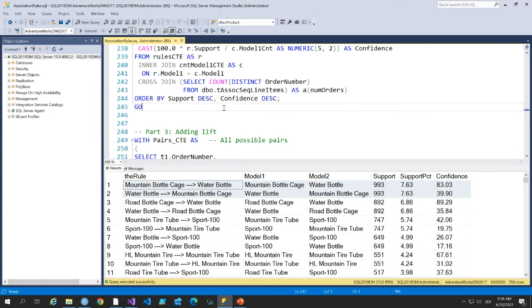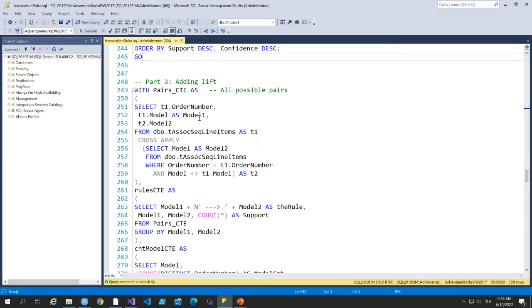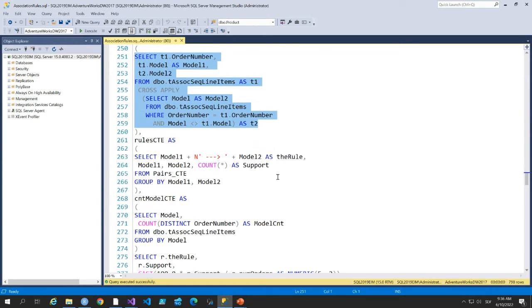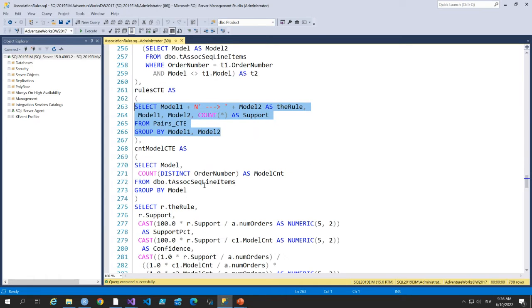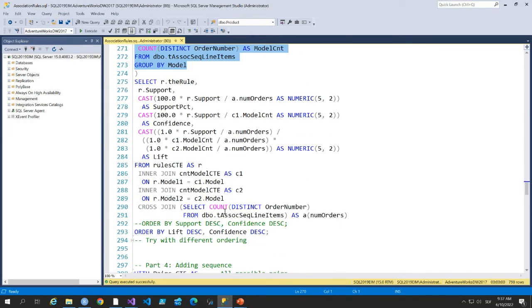So let's go and let's expand this query. So again, I will start with combinations of all pairs, express them as rules, count, this is item sets of a single item, right? Count how many times these models are purchased. I also need the total number of orders, so I can calculate confidence, and I can calculate percentages, relative numbers, right?